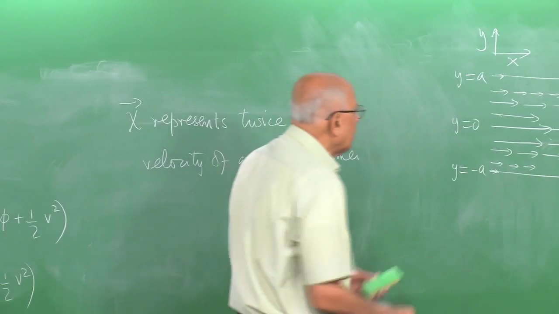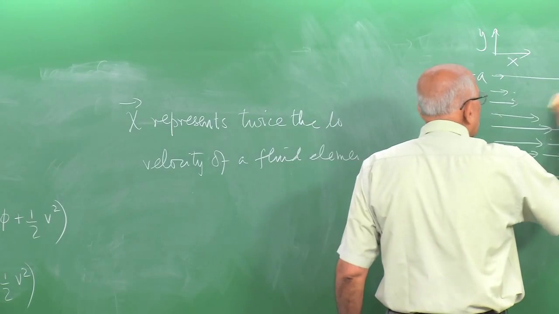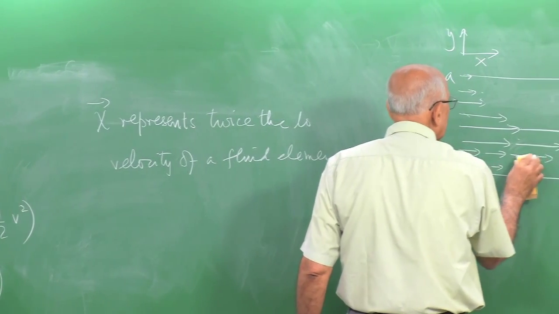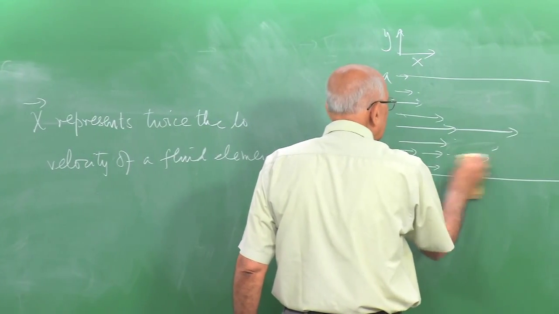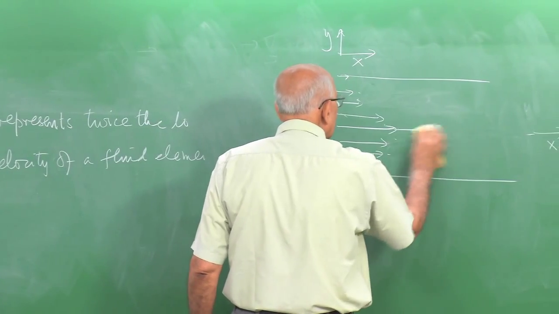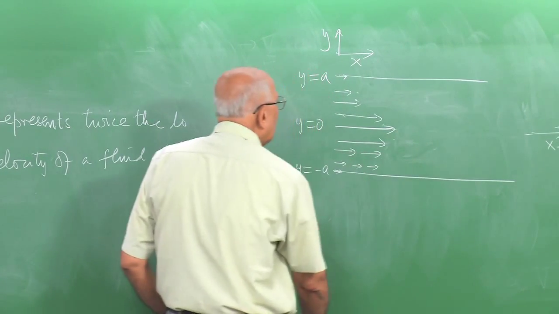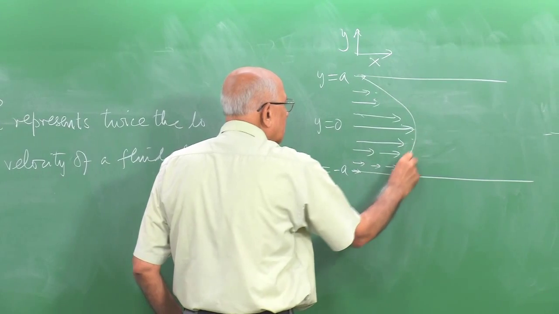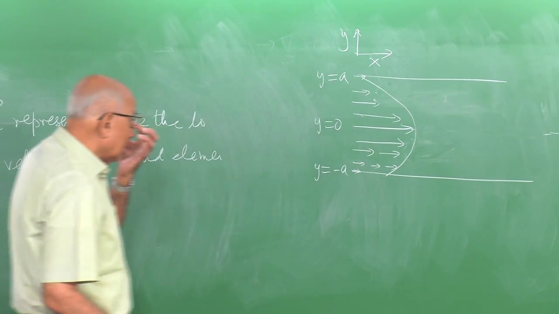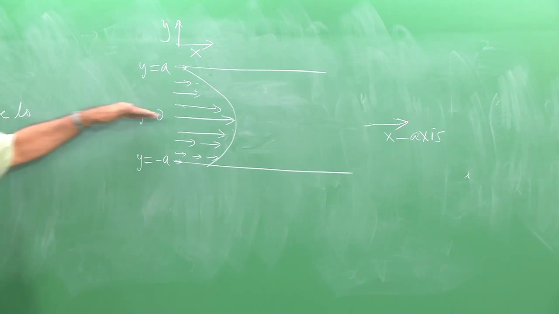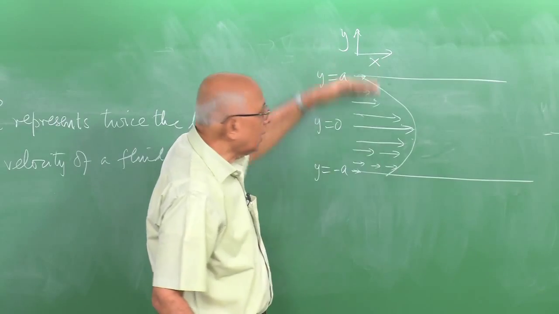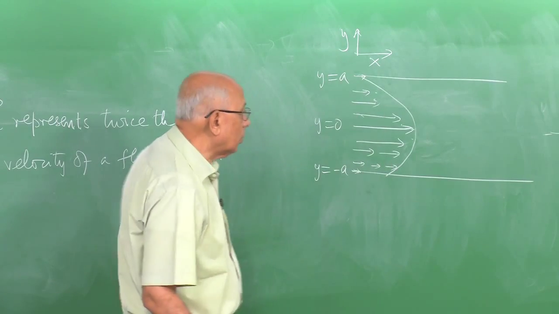To simplify the picture, let us erase all these arrows. And you have a parabolic profile of this kind in which the maximum speed occurs in the center and it tapers off in this direction on both sides.